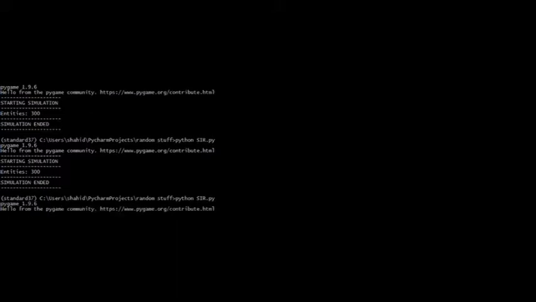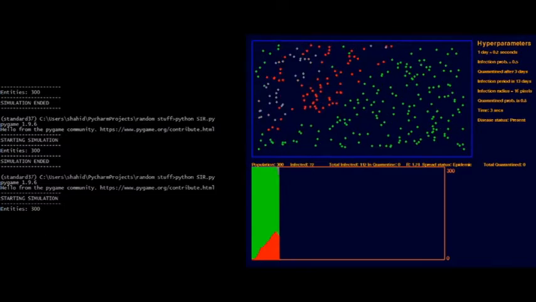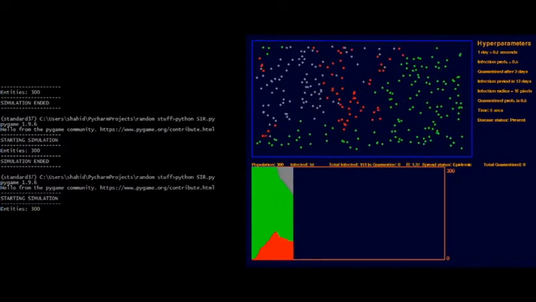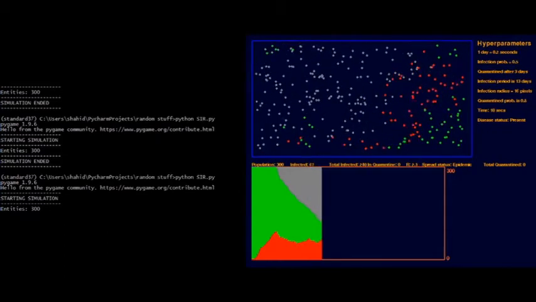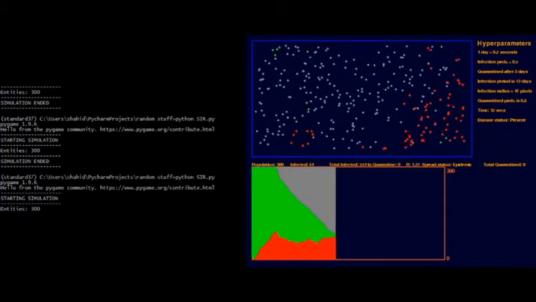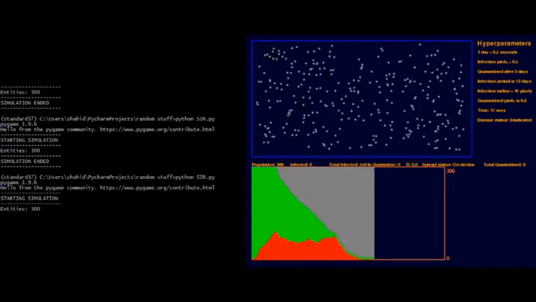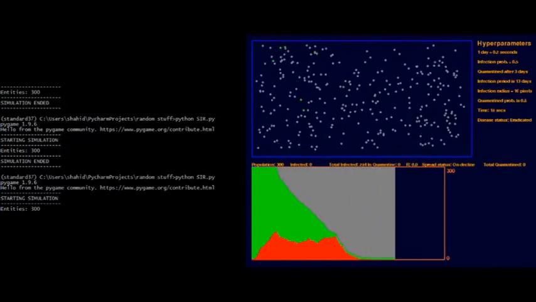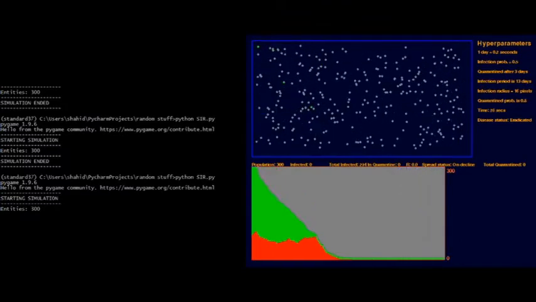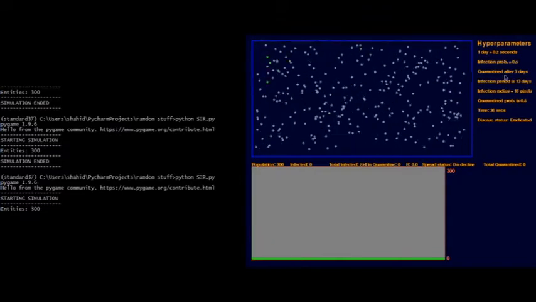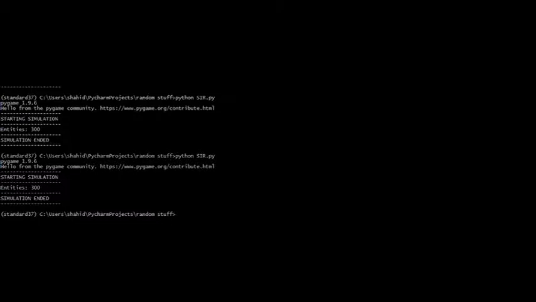Now if I run the simulation, you can see that almost all of the population still gets infected. The graph is flattened out a little bit, but almost the entire population still gets infected.